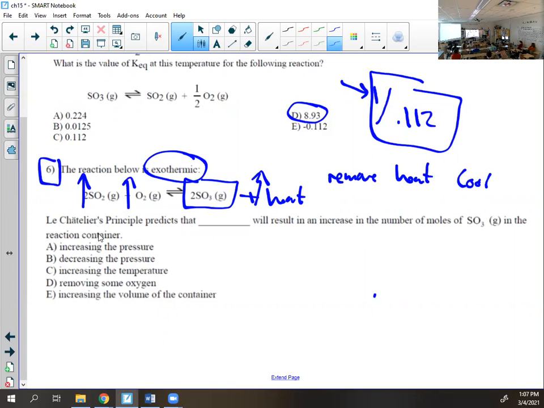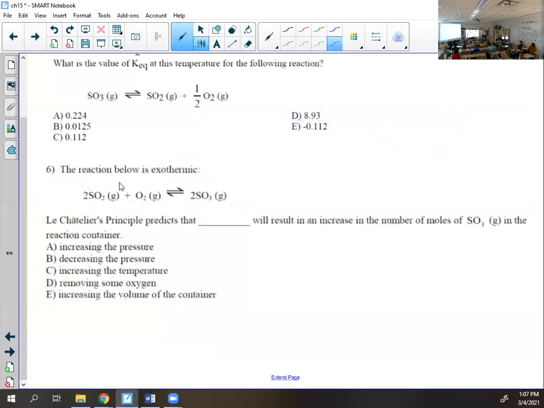Okay, increase the pressure. Oh, we got gases too. So I have a 3 here, a 2 here, right? Circle. If I increase pressure, I go away from the big number, right? So A would work. There's no all the above, so is it just A?